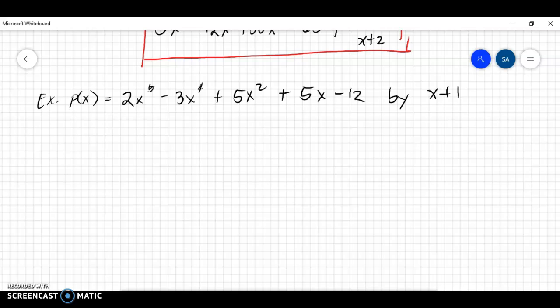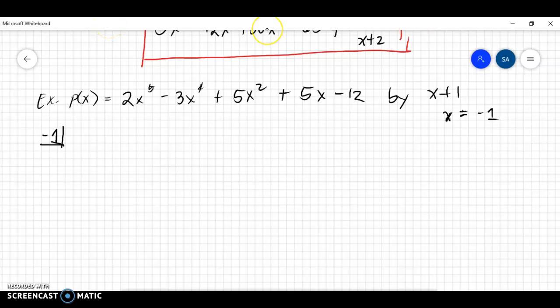So again, first you have to find the value of x from x plus 1. So you have x is equal to negative 1. Okay. You can follow the process of transposition. So ang value ng ating x dito ay negative 1. So we have negative 1 here.